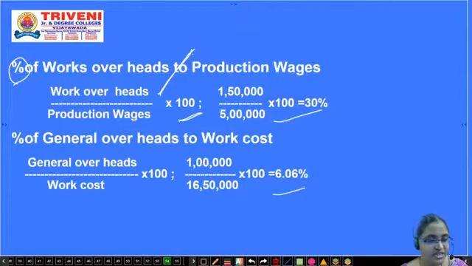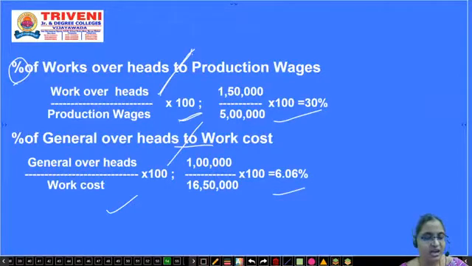Next, the second point C, percentage of general overheads to work cost. Again, eliminate the 'to', put the division. Now you get general overheads by work cost into 100. It is an easy way to know the formulas. In this sum, they asked for the cost of production and the percentage of works overheads.